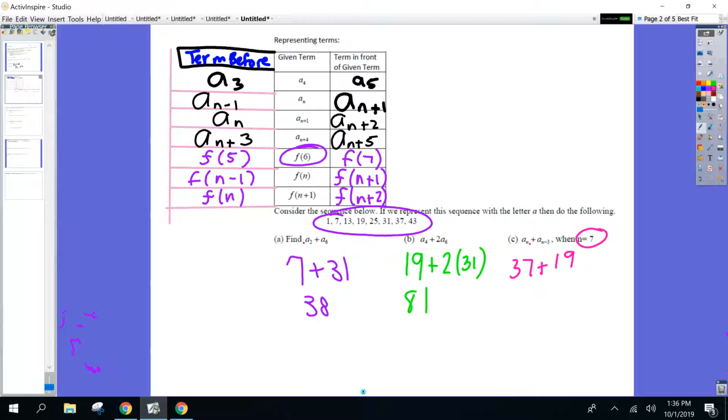Everyone all right where those numbers are coming from? We had a little confusion 5th period, but what do you got for me? 18. You got 37 plus 19.